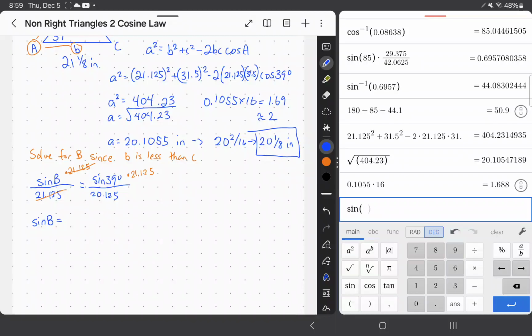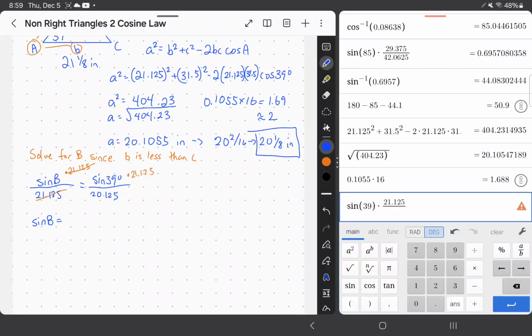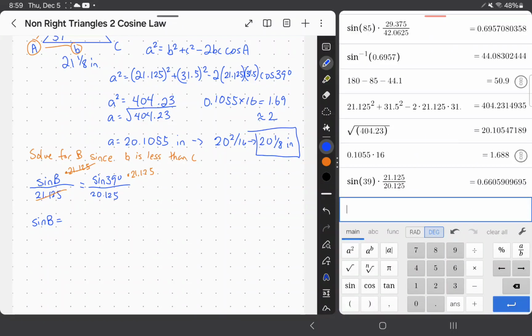So sine of 39 degrees, close the bracket, because I don't want the times 21 to be included in the angle, times 21.125 and divided by 20.125. The decimal we're getting here is 0.6606.